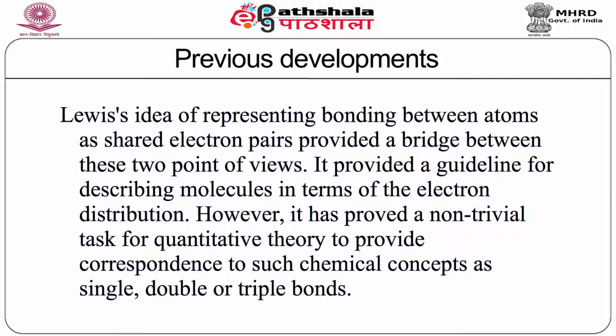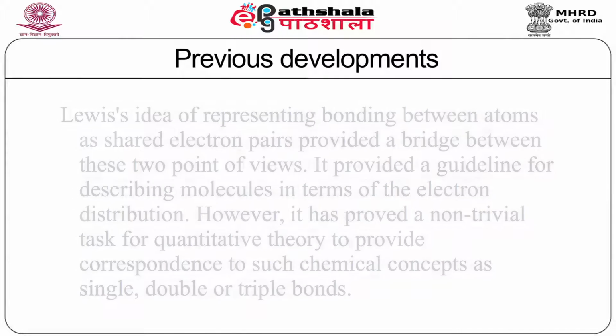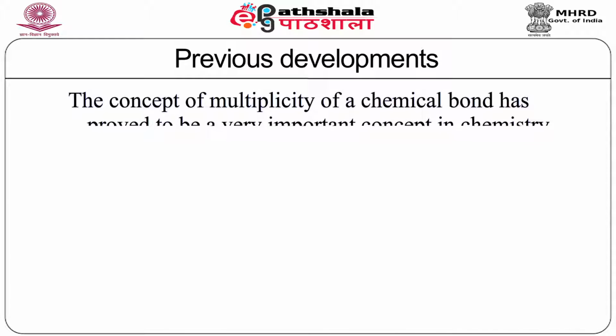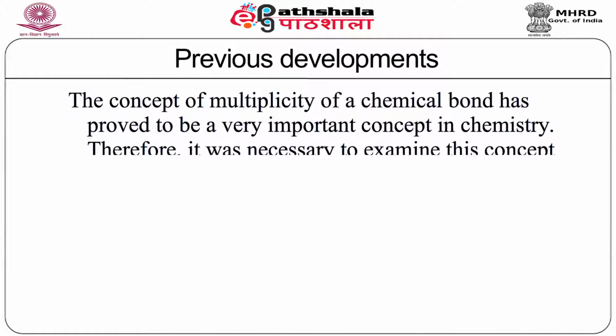However, it has proved a non-trivial task for quantitative theory to provide correspondence to such chemical concepts as single, double, or triple bonds. The concept of multiplicity of a chemical bond has proved to be a very important concept in chemistry.